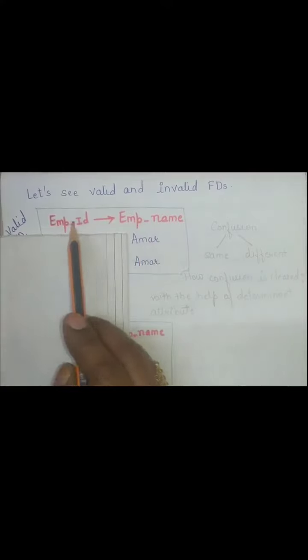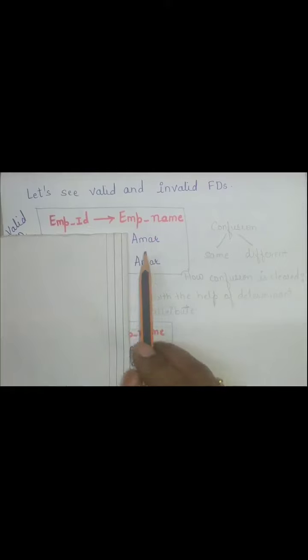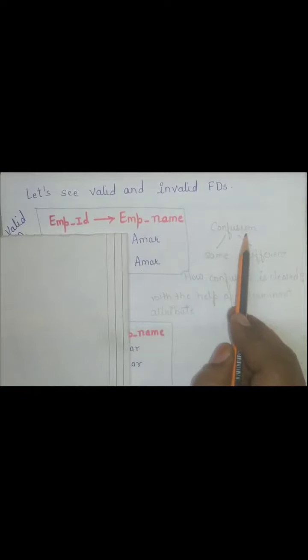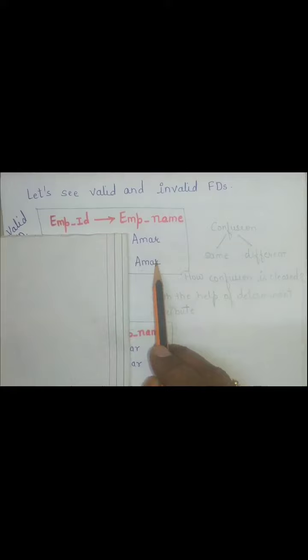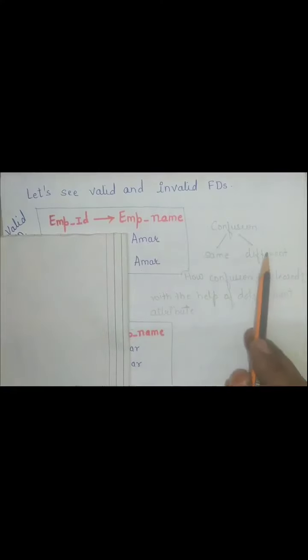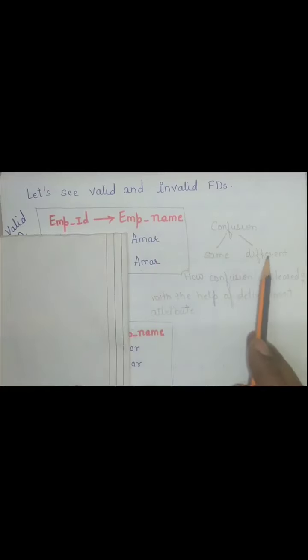Now suppose we have the employee names Amar and Amar. These are the two names. So here there is a confusion: whether these two names are of the same employee or of different employees. Then how is the confusion cleared?